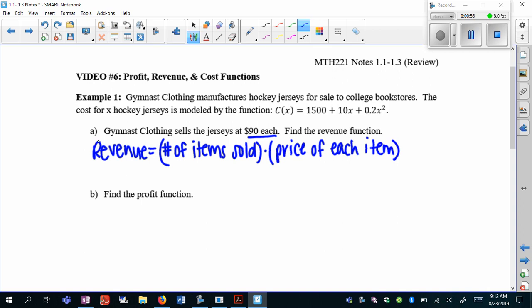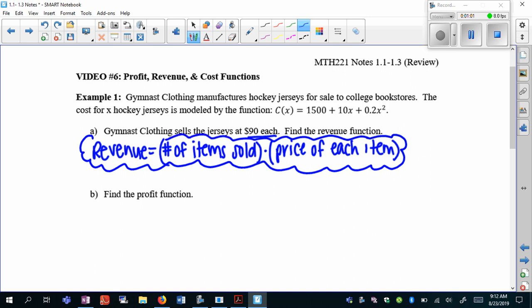This is the revenue formula that we'll use. In this situation, I have to find these two things. The number of items sold is going to be x, because it says there are x hockey jerseys. We're talking about the cost for x hockey jerseys, so that's the number of items. And they're selling for a price of $90 each.